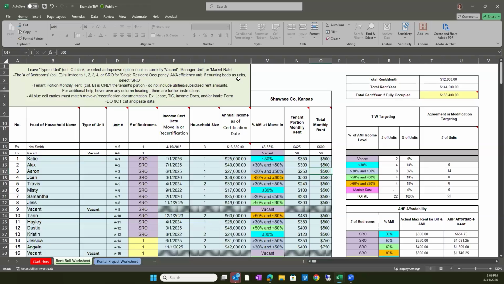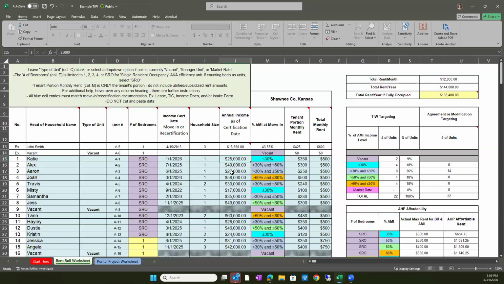Then when it comes to doing an income calculation or what the annual income amount is, you also want to make sure to utilize the AHP income calculation guidelines. We do have separate guidelines that tell you how we calculate income for the AHP program that are sometimes different from HUD programs especially.